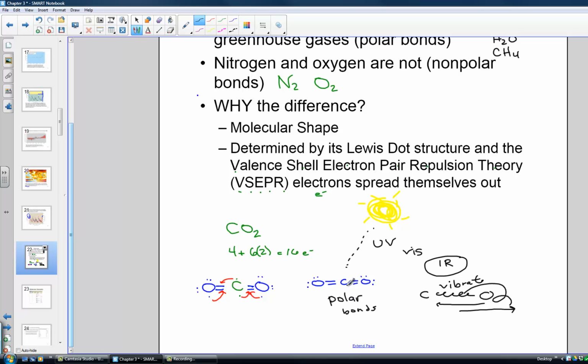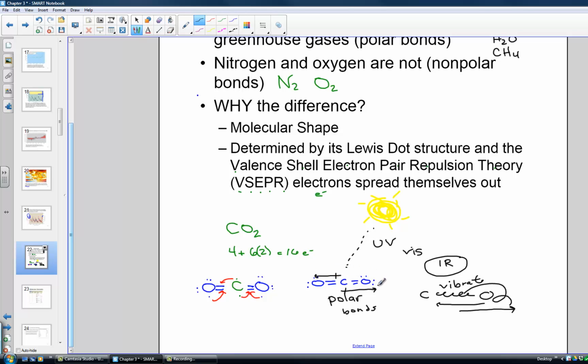The reason it can is because of the electron distribution in this bond. The carbon is not as strong as the oxygen in pulling the shared pairs of electrons towards itself. Since oxygen is a little bit more polar, a little bit stronger compared to the carbon, it's able to pull the electron density away from it, and if you're stretching the bond, that's the site where the radiation can be stored as heat energy.